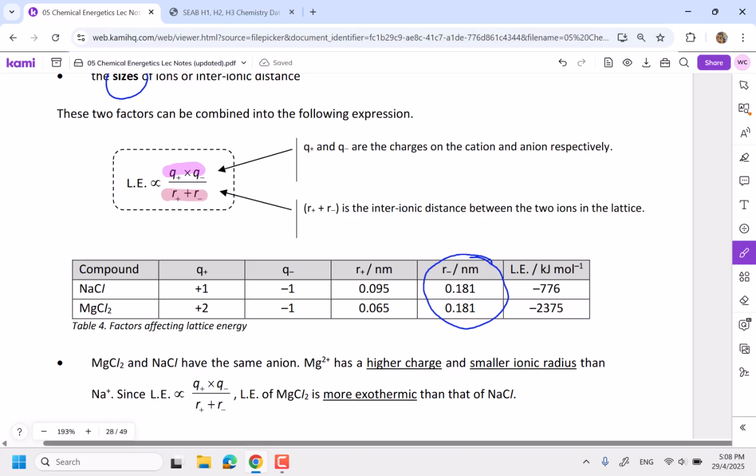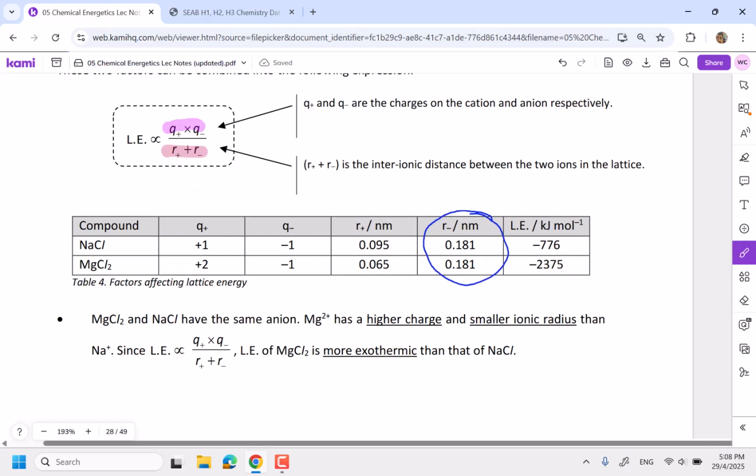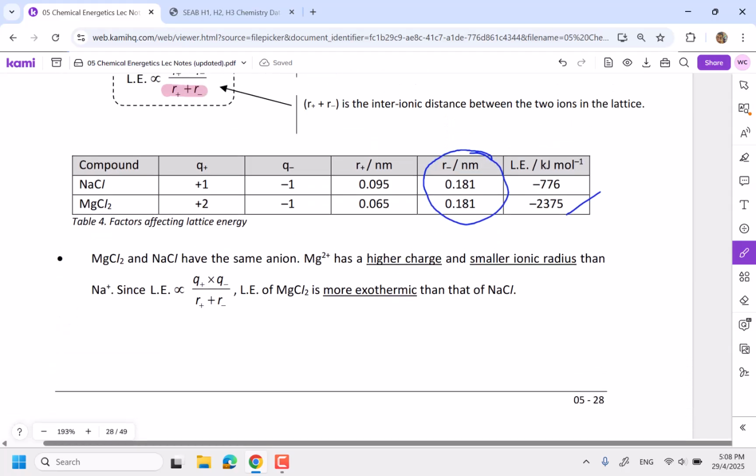So based on this alone, both the sum of the ionic radii as well as the product of the charges point towards the fact that I expect magnesium chloride to have the more negative lattice energy. Which is shown to be the case. So these are the values you can either Google or find from other sources. So hope you know what to focus on.